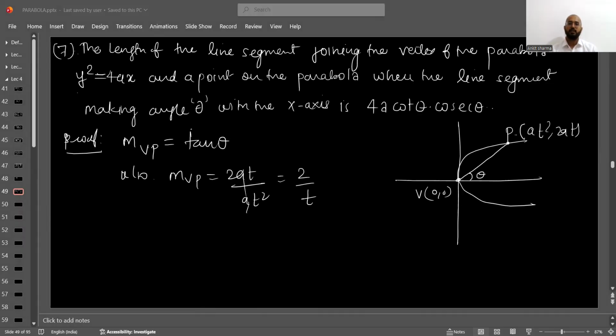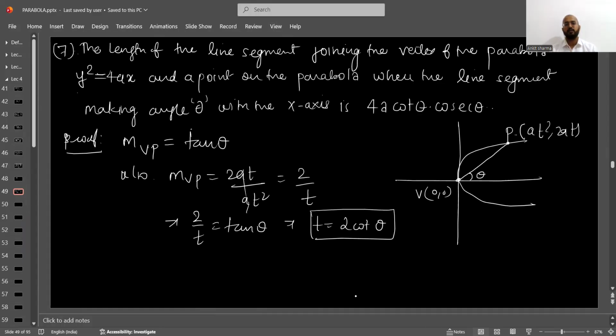That means now I know what the t value is. So 2 over t is nothing but tan theta. So t is equal to 2 cot theta. So we can just plug in t directly.